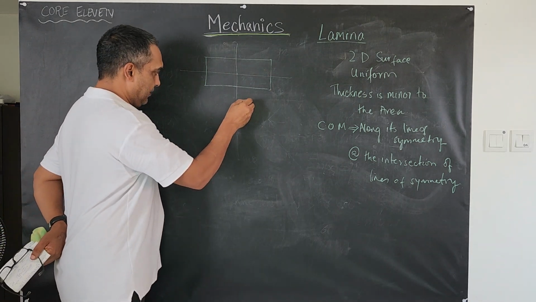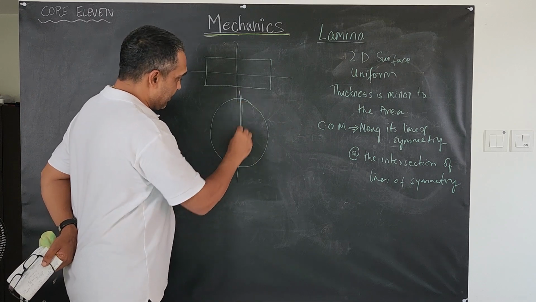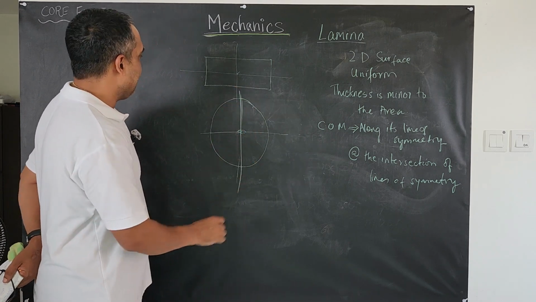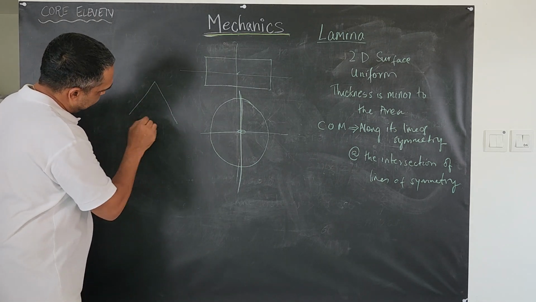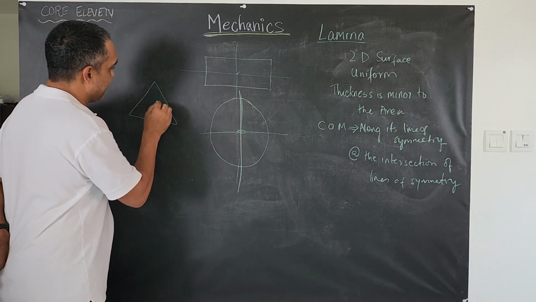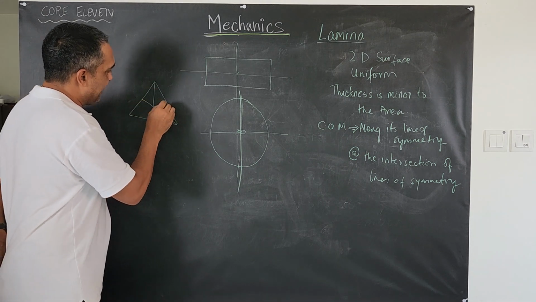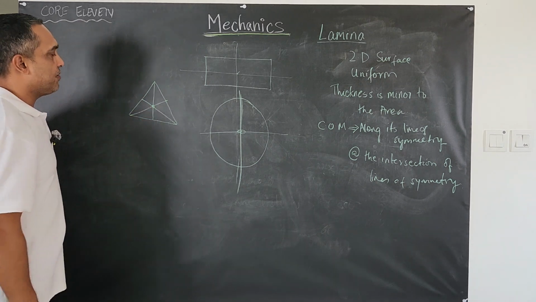Excuse the handwriting. And that would be its center of mass. If you had a circle, assume it's a circle or an ellipse, still the center of mass would be here. Easy. If you had an equilateral triangle, that's my version of an equilateral triangle, you can see that each of these would all be lines of symmetry, and that would give you the center of mass.